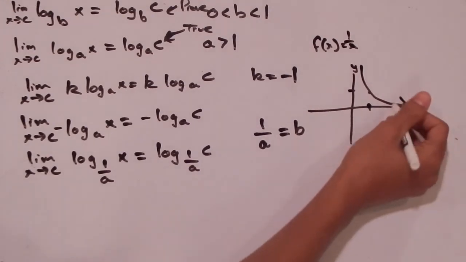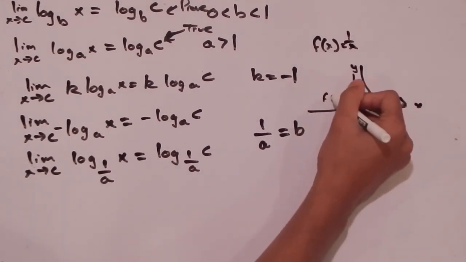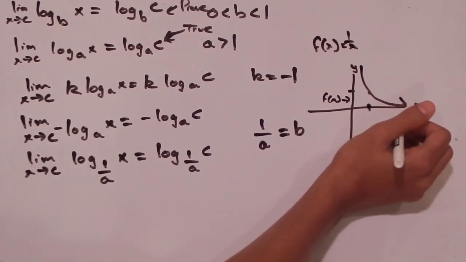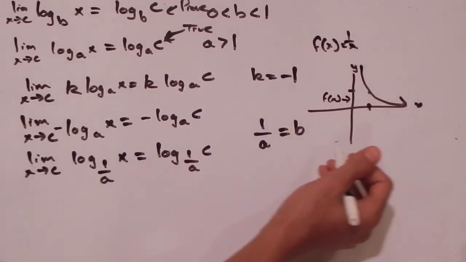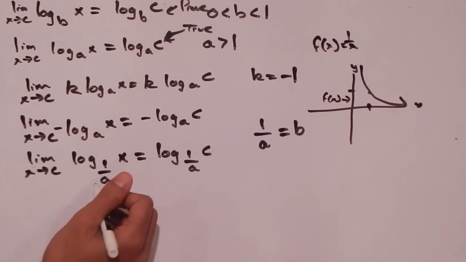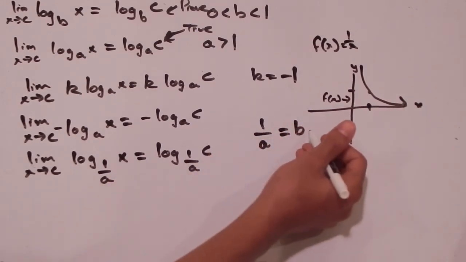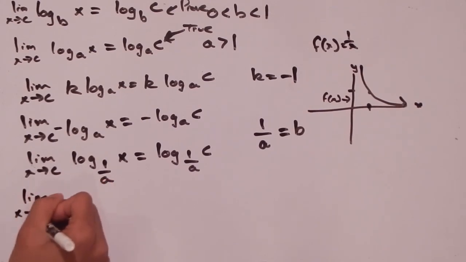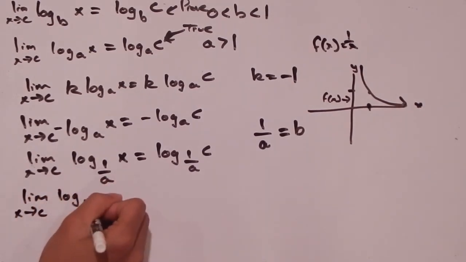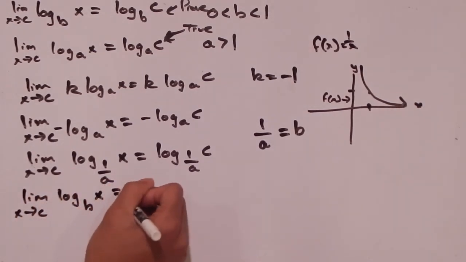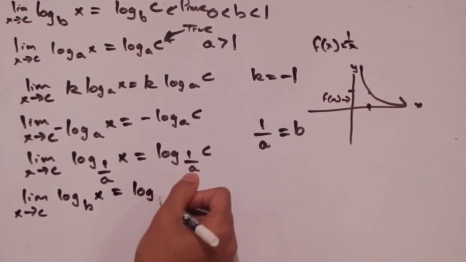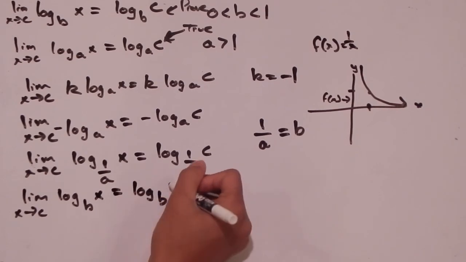We get all these values between 0 and 1, where f of x is between 0 and 1 when x is greater than 1. So as long as we can find that corresponding a value such that 1 over a is equal to b, we can say that the limit as x goes to c of log base b of x is equal to log base b of c.